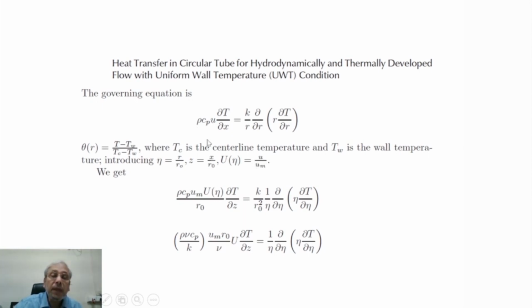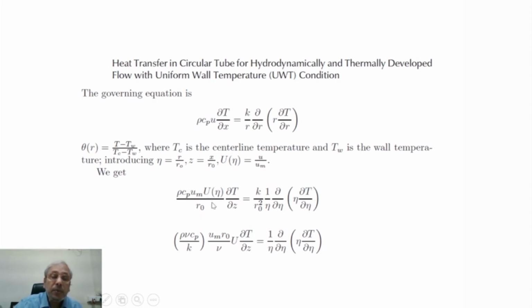So here we can write rho Cp Um U eta divided by R naught del T del Z. Del X of T becomes del T del Z equal to K by R naught square, 1 by eta del eta of eta del T del eta.